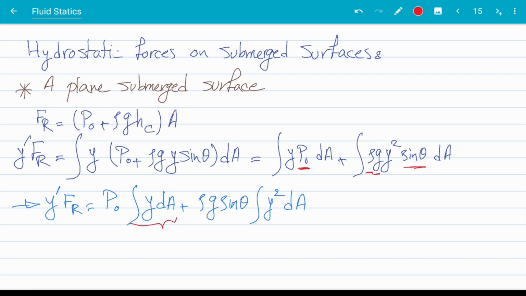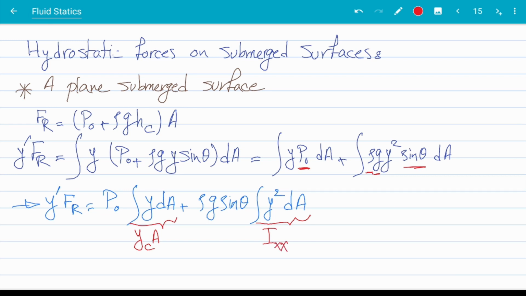The integral of y dA is equal to y of the centroid times area. So far, so good. What about integral of y squared dA? What is this? Now, this is the second moment of area about the x-axis. This is Ixx.